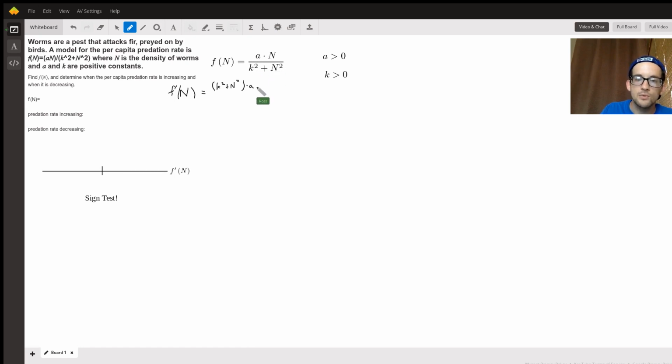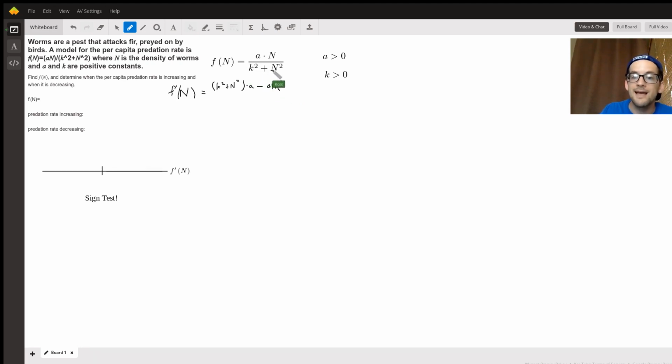The rest of our quotient rule, so we're going to subtract. Now we're going to do the numerator, so a times n, times the derivative of the denominator. So again, down here, k squared, the k is a constant, so the derivative of that entire thing will just be 0.